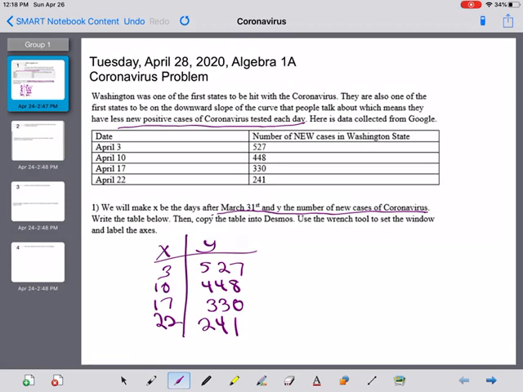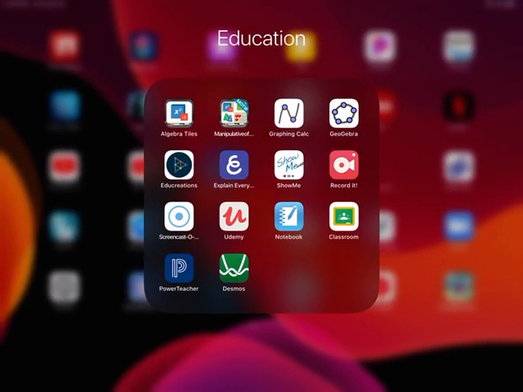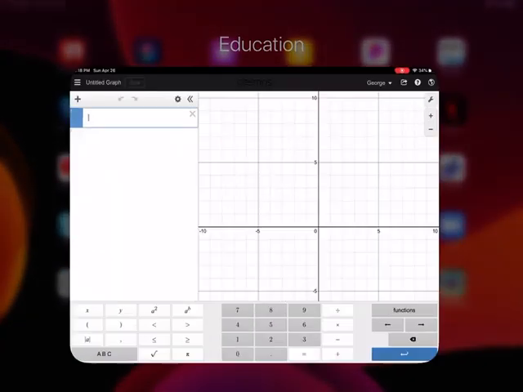So then from these X values, you'll be able to figure out an actual date. So actually, one of the goals is going to be to estimate when Washington will have 0 new cases of coronavirus. So let's go to Desmos.